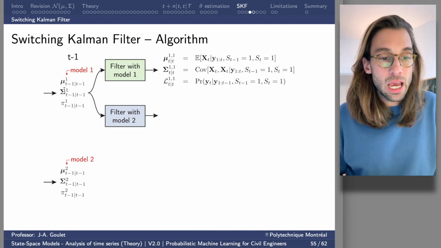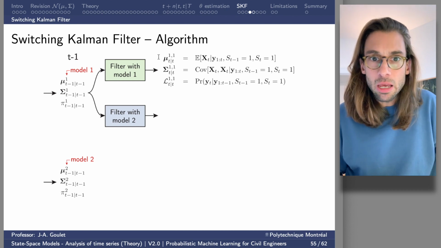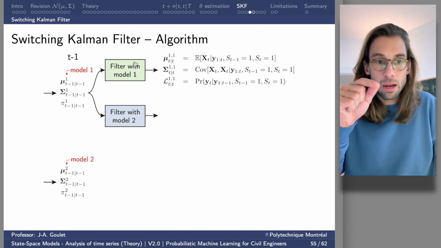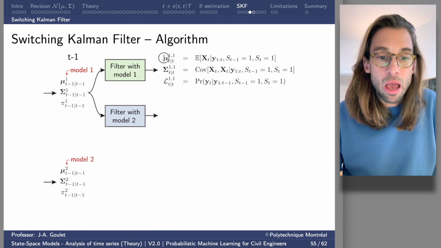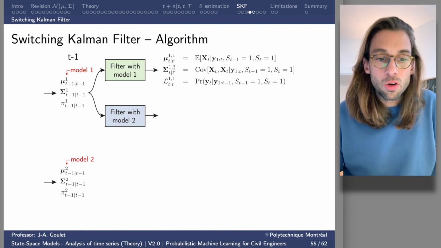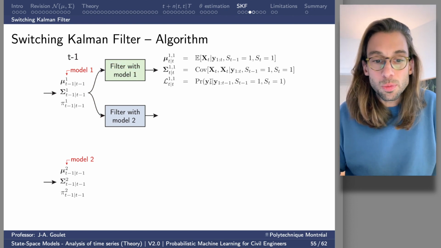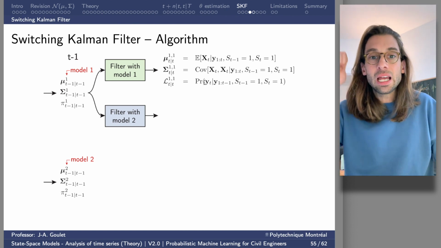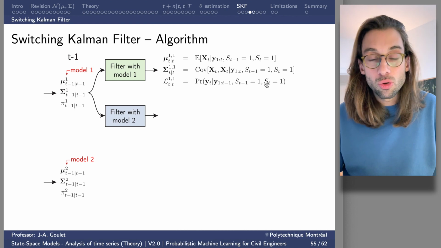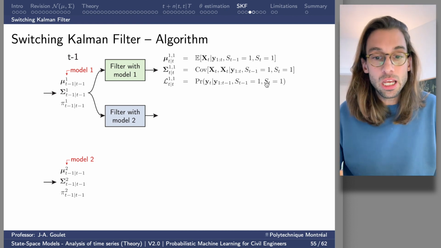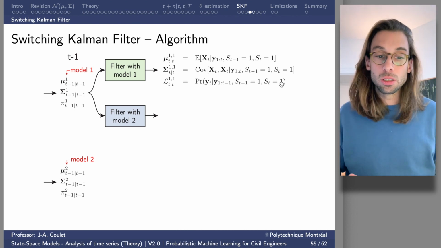Okay, so in this case, if I say I was in a zero speed dynamic, I assume that I keep being in a zero speed dynamic from time t-1 to t. I do the update equation. That would be my posterior mean vector, posterior covariance, and my likelihood. Okay, this is the likelihood of actually observing y_t, given that at time t-1 I was in state 1, and I transit between time t-1 and time t through the model 1. Okay, the one with the zero speed model, for instance.